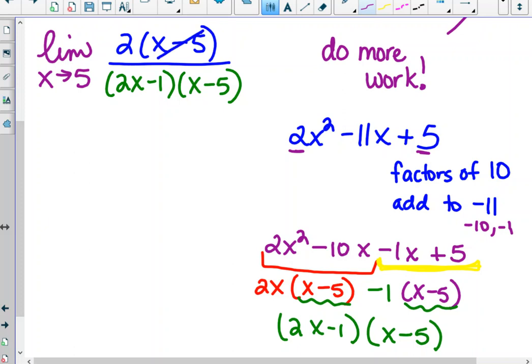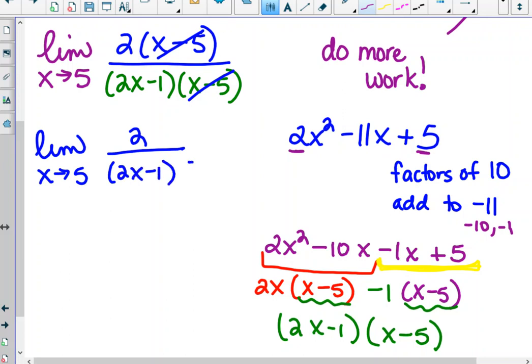Factoring's the tough part. Once I get the factors and I can get the common factor gone, then I'm ready. I can use substitution, put the 5 in for x, and this comes out to be 2 over 9.